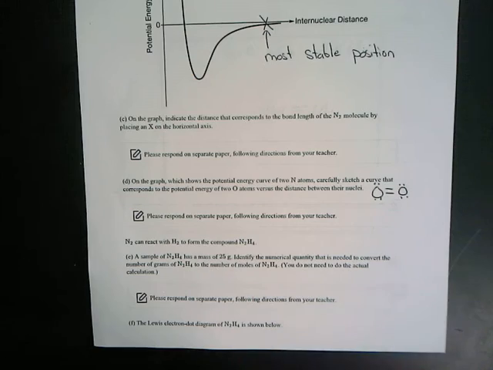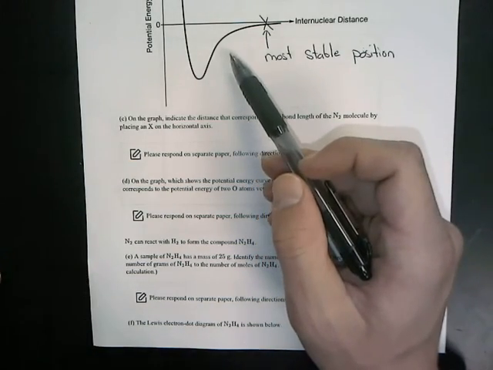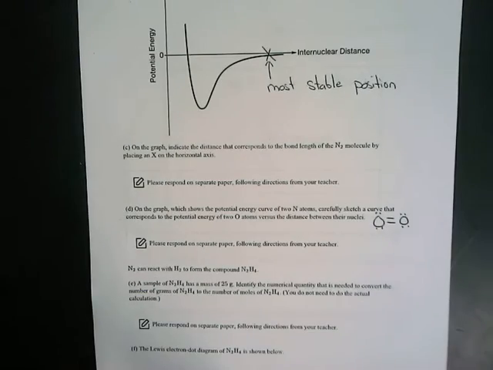So on this graph, we are going to make a very similar type of drawing, except it's going to be altered to reflect this double bond here of oxygen. Okay, so when we do this, we have to think about a double bond. Number one, a double bond has a greater length or a greater distance than the triple bond.